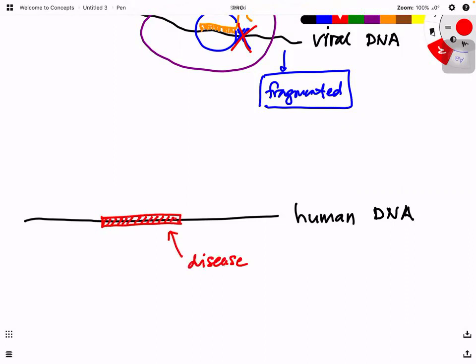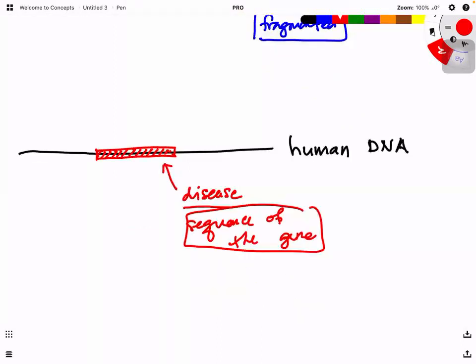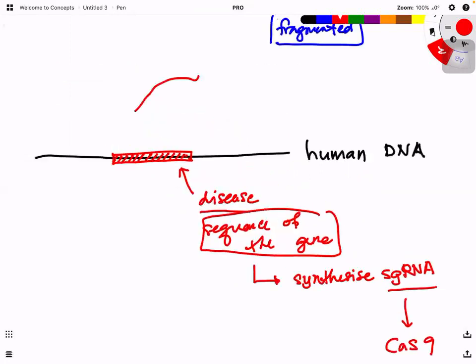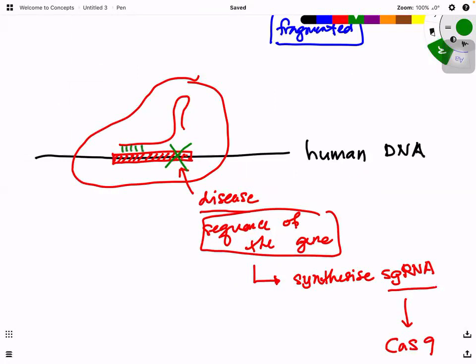We do know the sequence of the gene, so we take this sequence of the gene and synthesize guide RNA, or single guide RNA. Then we put this single guide RNA into the Cas9, and Cas9 will come to the human DNA here and cleave the gene. Can you see that? They check, they're complementary, and then they cleave the human DNA.